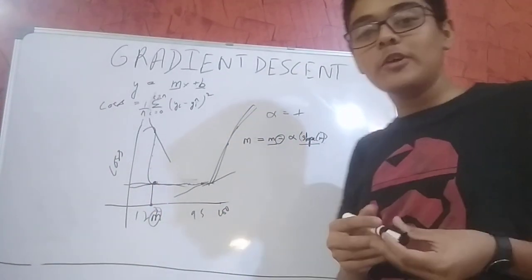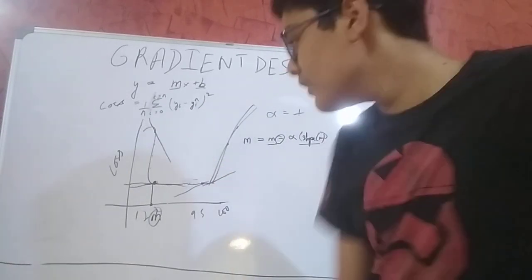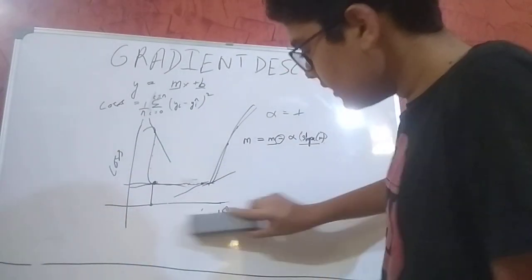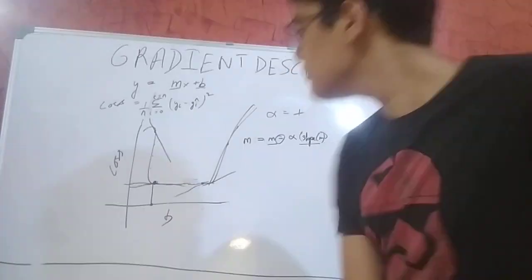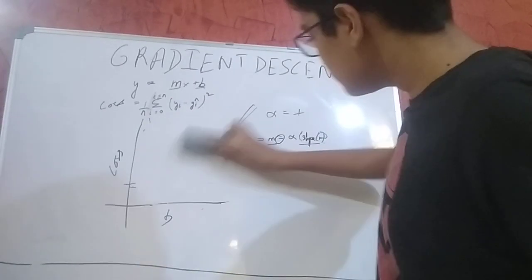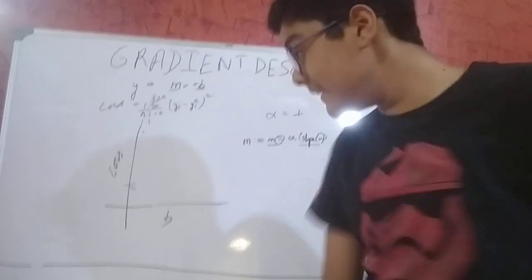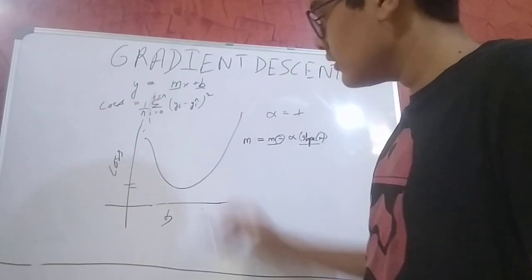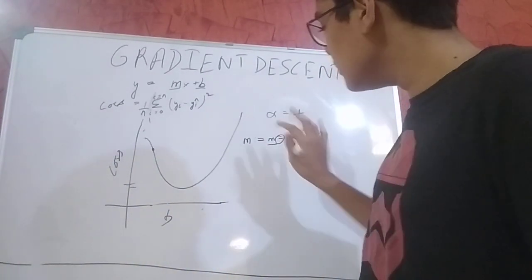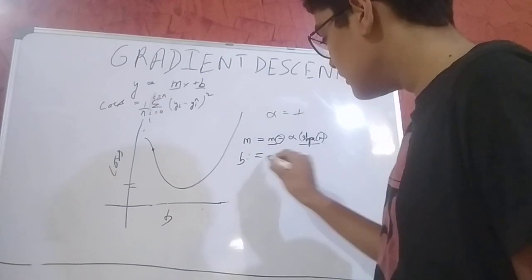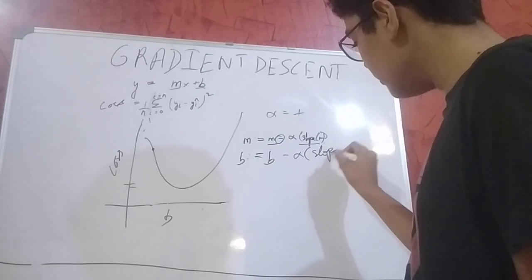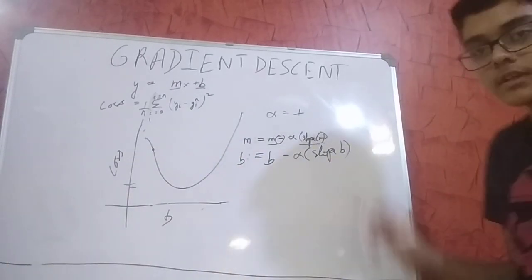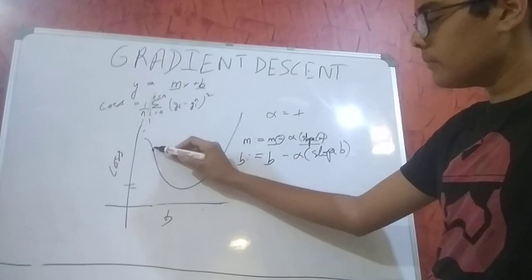Now, gradient descent for optimizing B is the same thing. All we do is change this to B. Probably our loss versus B would look something like this. Then, same thing, we start off here and we define the B update as B minus learning rate times the slope of B. So we start moving here.